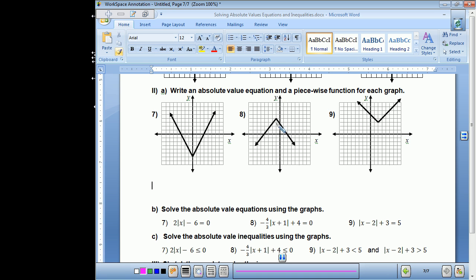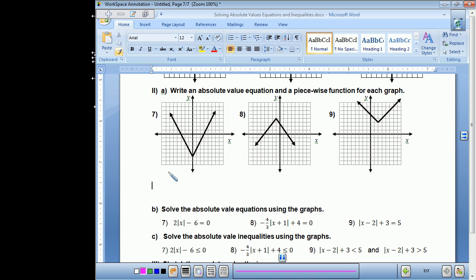Let's skip that one. All right, this one, the slope is positive 1 and negative 1. So what we'll notice on absolute value functions is those slopes are just opposites. That's what makes them symmetric.